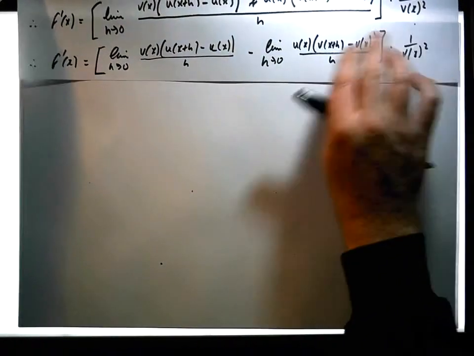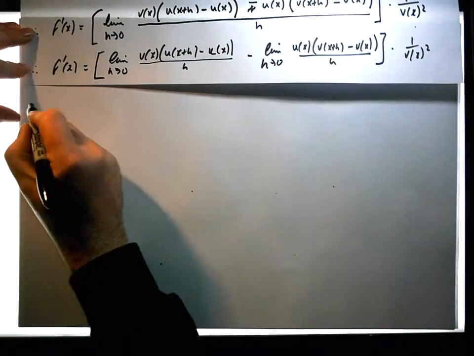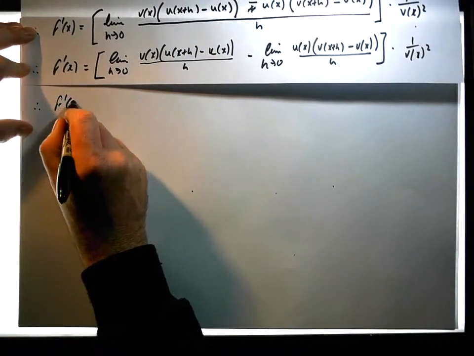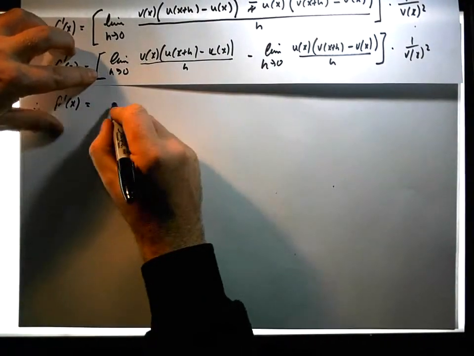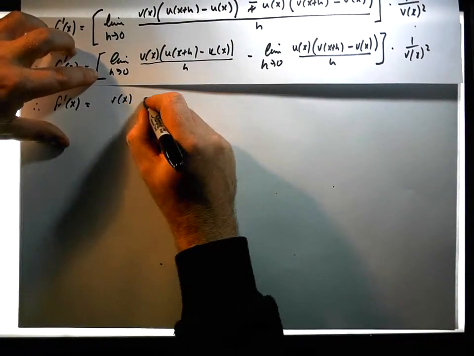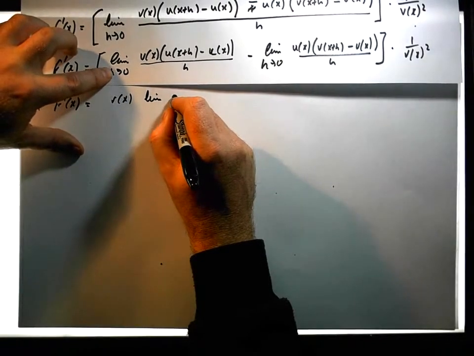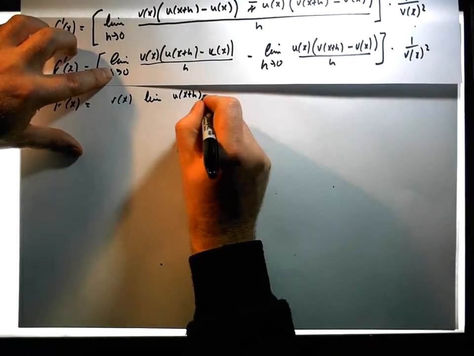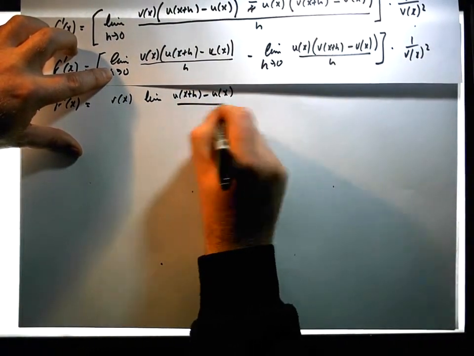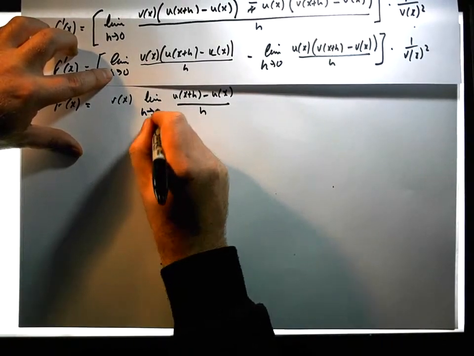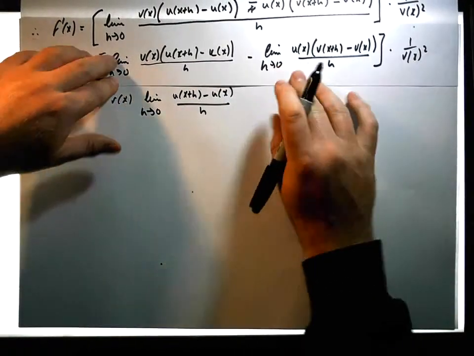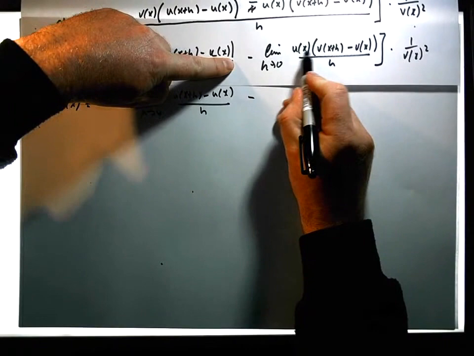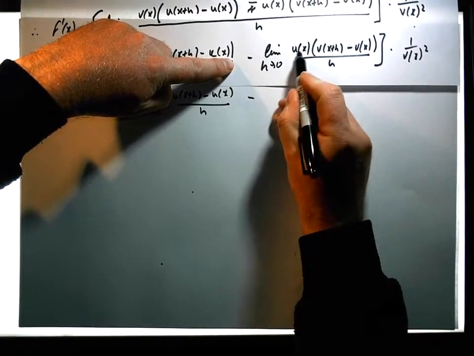Let me just move this up here. So f prime of x must be equal to v of x times the limit of u of x plus h minus u of x all over h as h tends to 0. That's what this piece becomes. Minus, once again, the limit of u of x as h tends to 0 is just u of x.